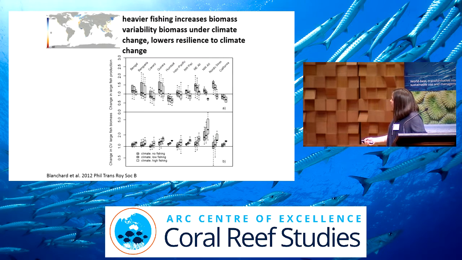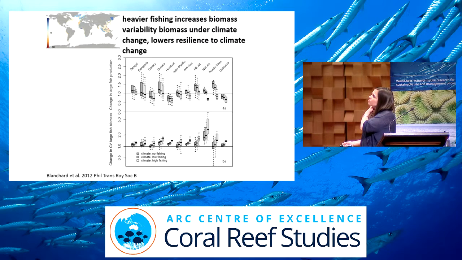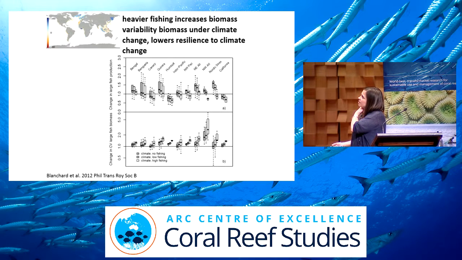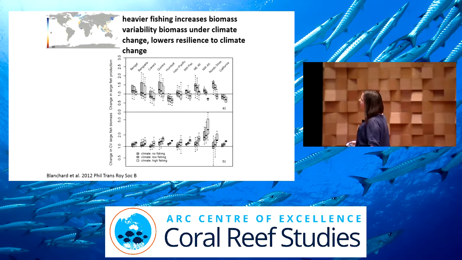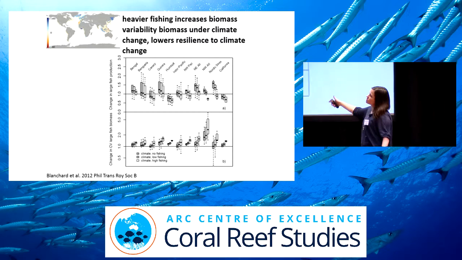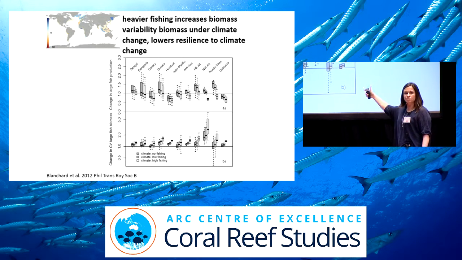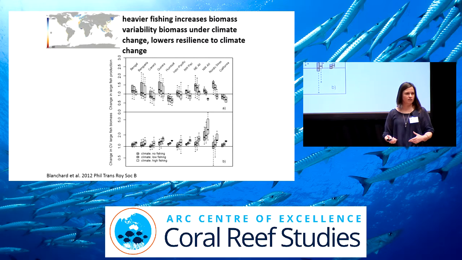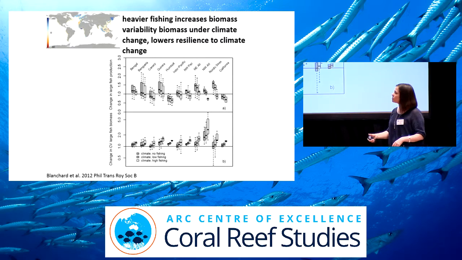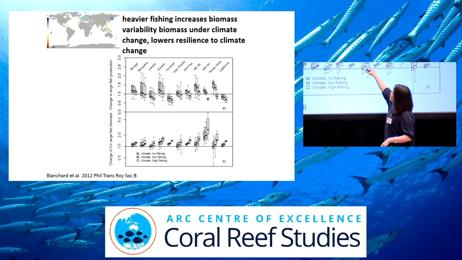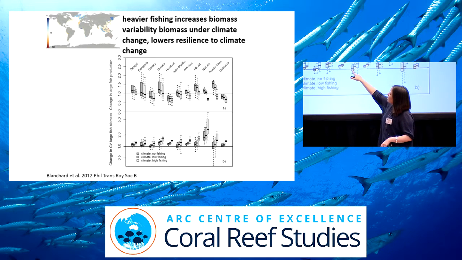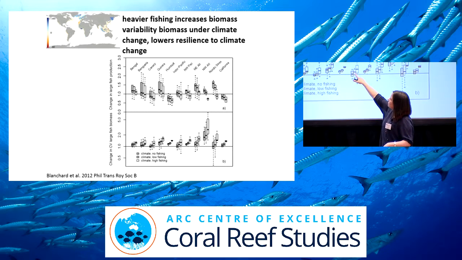But one of the things that we've learned from looking at these model outputs is that you can see as fishing increases, so if we look at the bottom panel here, I've got a change in the CV in the large fish biomass. That's the same indicator of resilience that we've been looking at through all the other plots. And I've got 3 histogram or box plots. To the left is no fishing, low fishing, and high fishing.